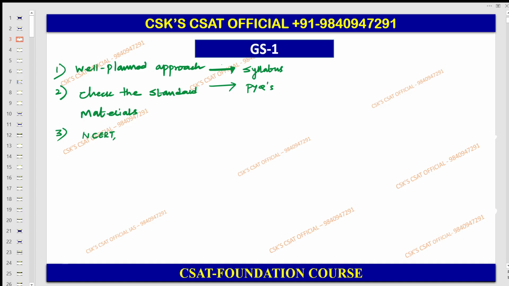For example, for geography you can use GC Leong. Some people will suggest Hussain also. According to you, you can choose that. The syllabus covers history, geography, Indian society, and world history in the GS1 paper, and current affairs also plays a very vital role here.